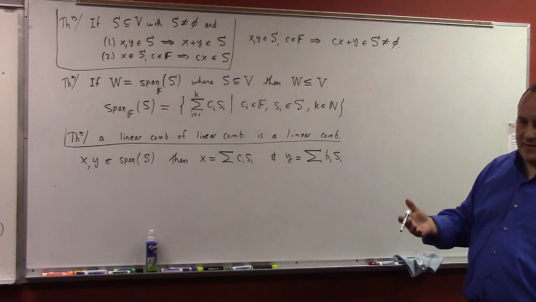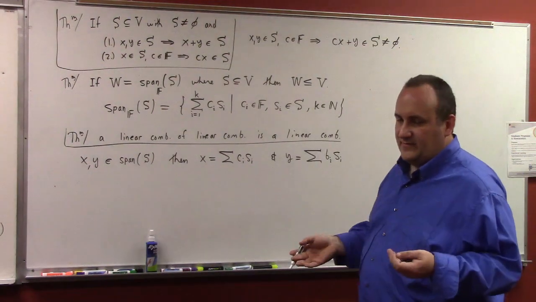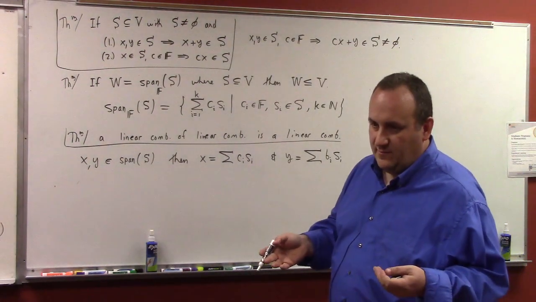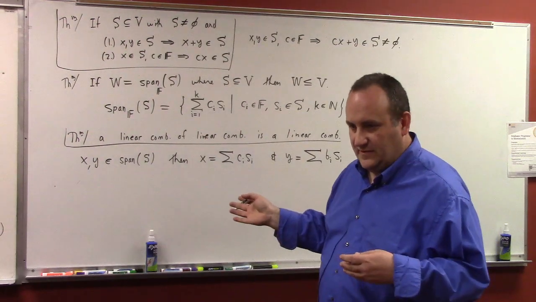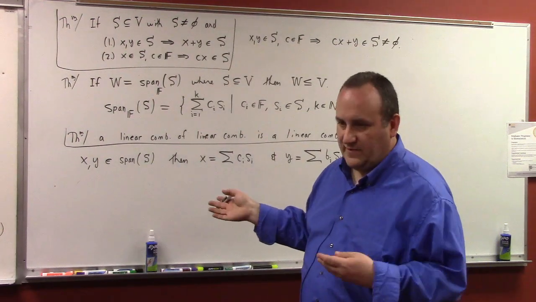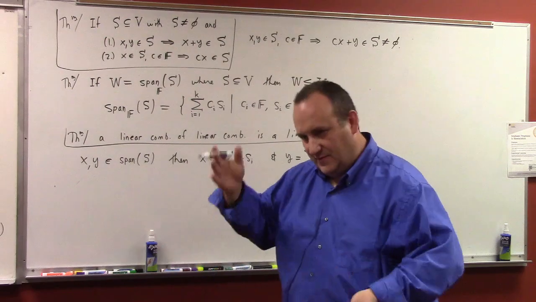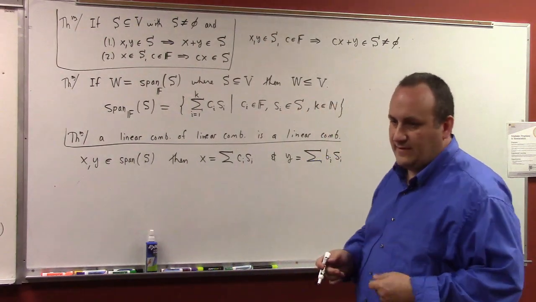And without loss of generality, we can assume that both of the finite sums have the same size by simply picking the one that's largest and extending the coefficients to be 0 for the other ones. So we don't have to deal with different size sums, even though logically speaking they could be.